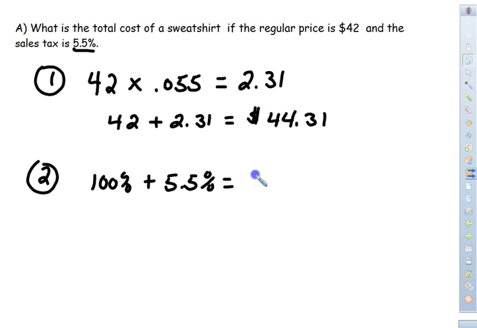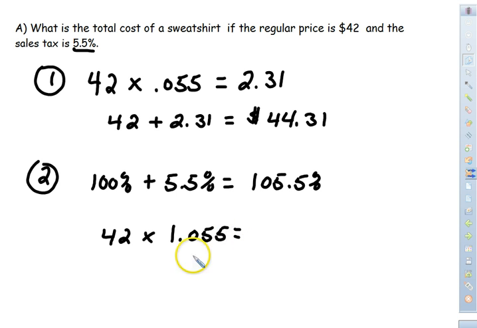So you're basically getting 105.5%. So we're going to take $42 times 1.055 equals, and when you plug that in your calculator, you will see you do get $44.31.